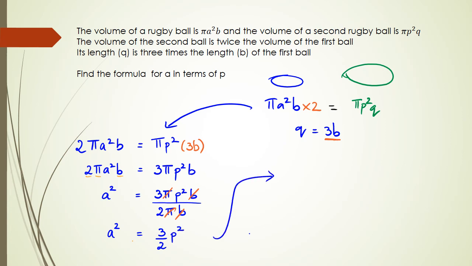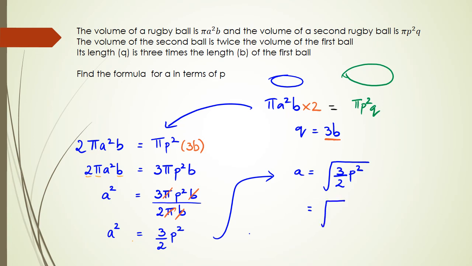Now, unfortunately, guys, this is not the end of it, because remember, you want the formula for a in terms of p. So we're going to take the square root of a squared, and if we do that, we're going to get a. But because we took the square root on the left hand side, we've also got to take the square root on the right hand side, which leaves us with the square root of 3 over 2 p squared. But we're still not completed, because we need to leave it in terms of p.